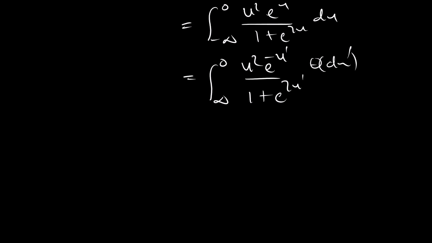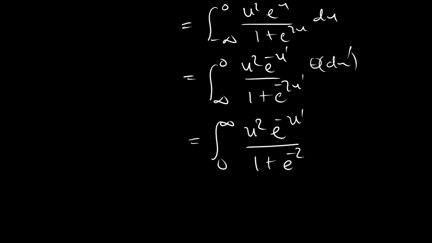And we can use that to flip the sign around, so we have 0 to infinity u squared e to the negative u over 1 plus, with a negative there, negative 2u'. We'll take it back to the x.